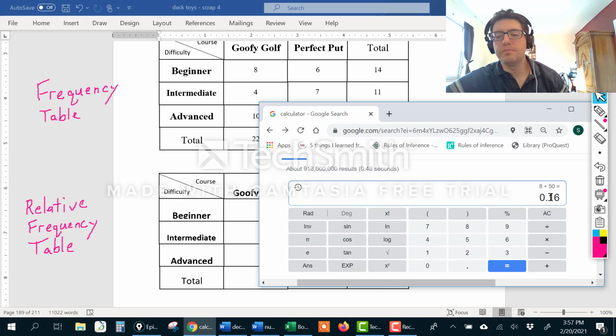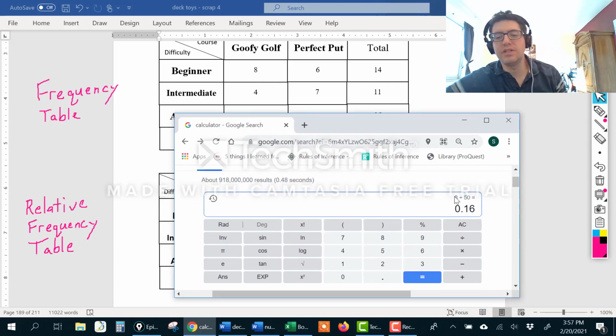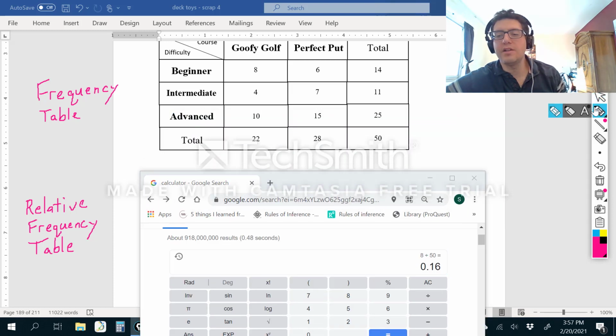We'll get 0.16. It's pretty easy to divide something by 50. You basically take that number and multiply it by 2, and then put that after the decimal point. So for example, 8 times 2 is 16, and you can see here when we did 8 divided by 50, we got 0.16.